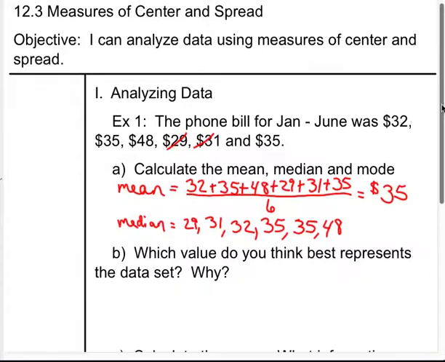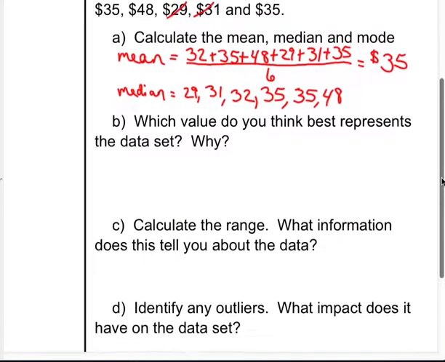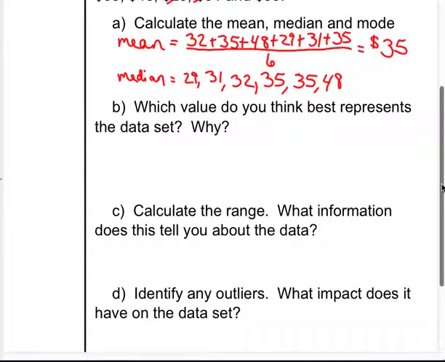So when we look for the middle data value, when your data set has an even number of data values, you find the average of the middle two data values. So we're going to take a look at 32 and 35, and halfway between 32 and 35 is 33 and a half. So our median is $33.50 if we're going to make it make sense with what the data represents, which is money.